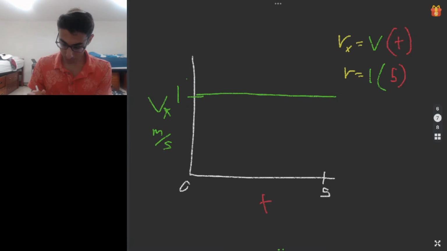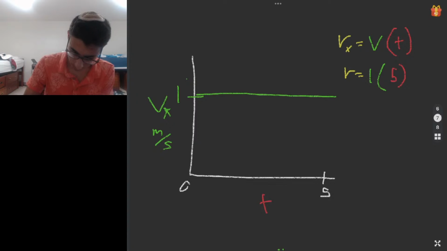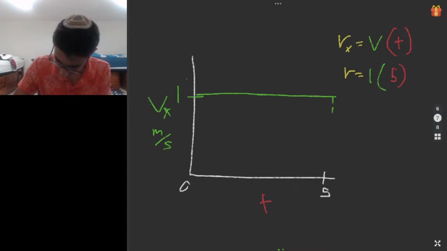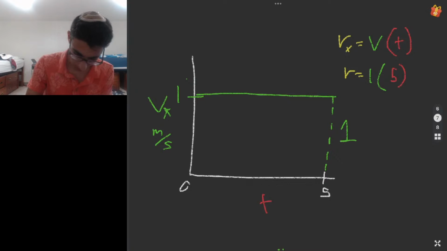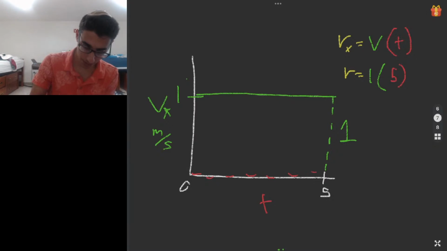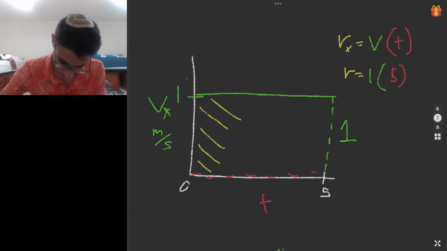The key thing to note is that this side has a length of 1, and this has a length of 5. 5 times 1 is the area under the line.